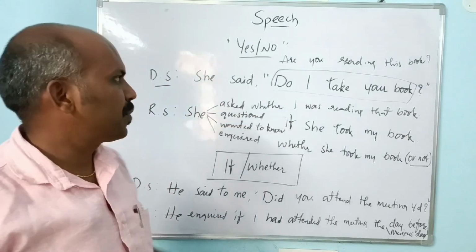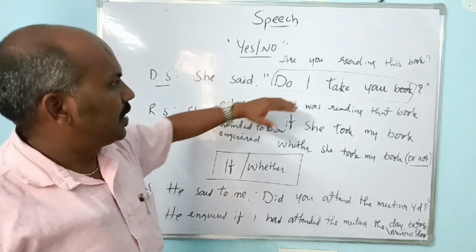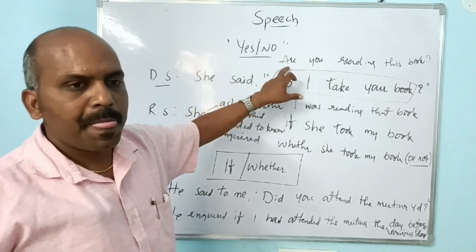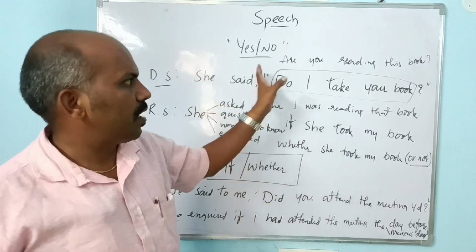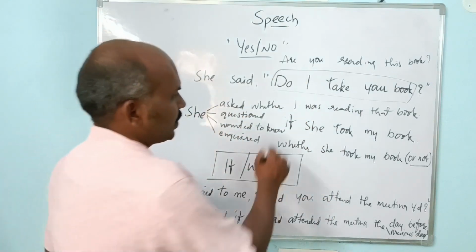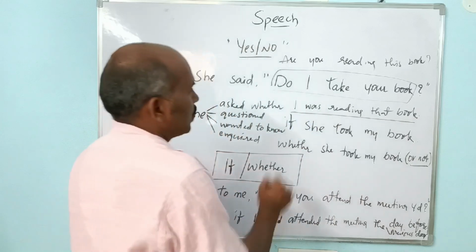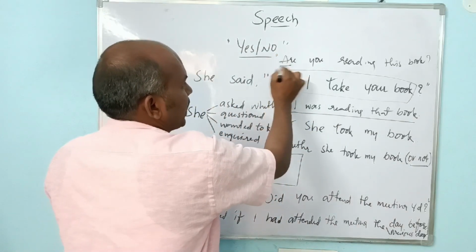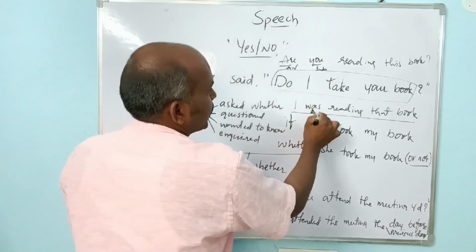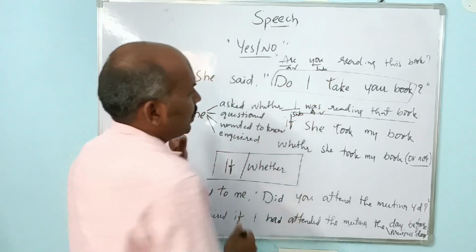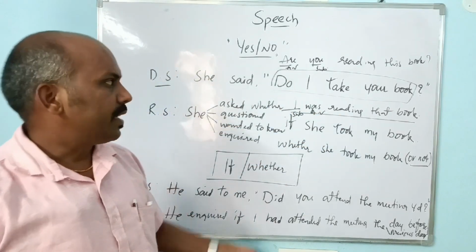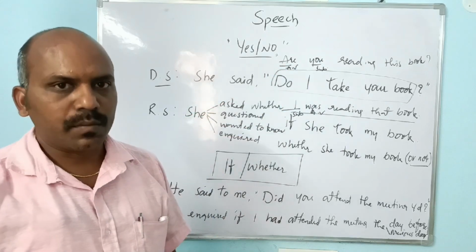And one more thing here: in direct speech we use questions, meaning the auxiliary comes before the subject. It's a rule of a question, right? "Are you reading this book?" is a question. But when we change into reported speech, observe this: in direct speech the auxiliary comes before the subject, but in reported speech the auxiliary comes after the subject and it becomes a statement. In reported speech we don't have any questions. Even questions change into statements.